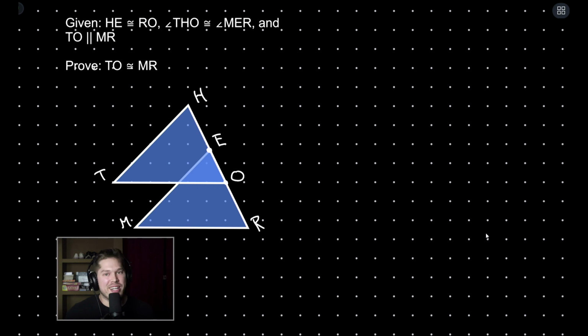Okay, what do we got here? What do we got? We have, given that HE is congruent to RO and angle THO is congruent to angle MER and TO is parallel to MR. We want to prove that TO is parallel to MR. Okay, we got a lot going on here.